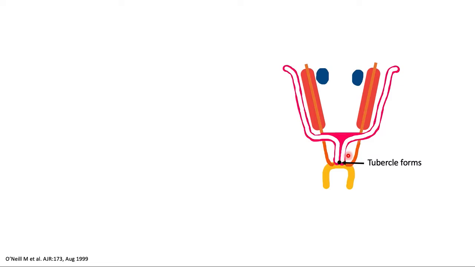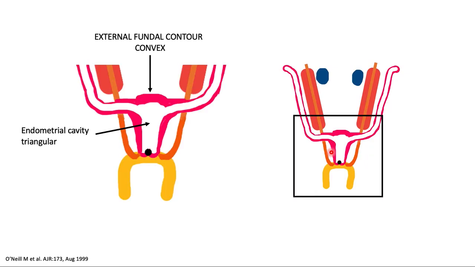Just proximal to this tubercle, something happens. The septum will now resorb, until a single endometrial cavity is developed. Note that in the normal setting, the external fundal contour would be convex and the endometrial cavity is triangular.